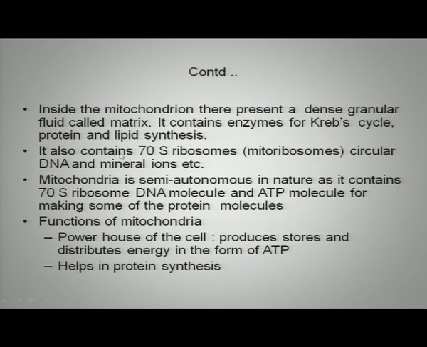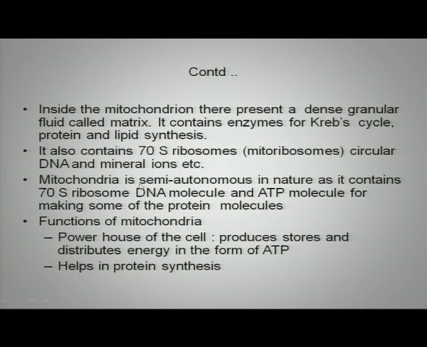It also contains 70S ribosome, the prokaryotic ribosome or the organelle ribosome. We will call it mitoribosome since they are present inside the mitochondrion. In addition, it contains circular DNA. We will represent it as small c DNA, and there are mineral ions.